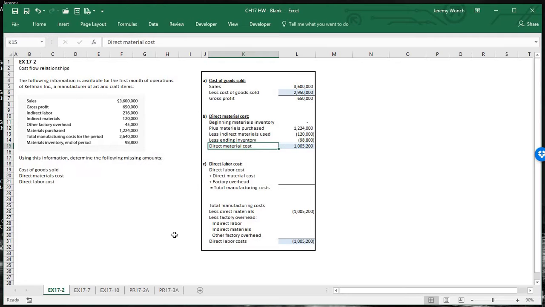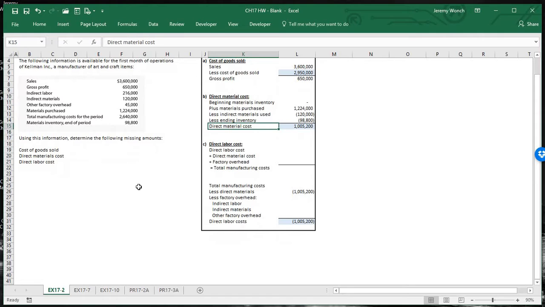The last thing it's going to ask us for is the direct labor cost. We don't have a direct labor inventory account because it goes directly into work in process. But if we know our direct material cost and our total manufacturing cost, we can back into that number.